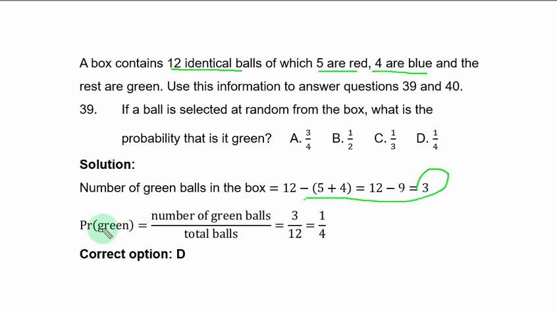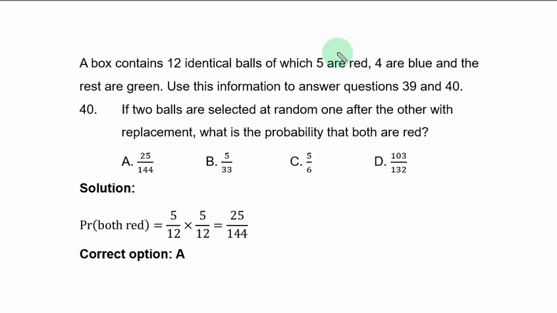It follows that probability green ball is equal to number of green balls in the box over total balls, and that is 3 over 12, which simplifies to 1 over 4. D is the correct option.